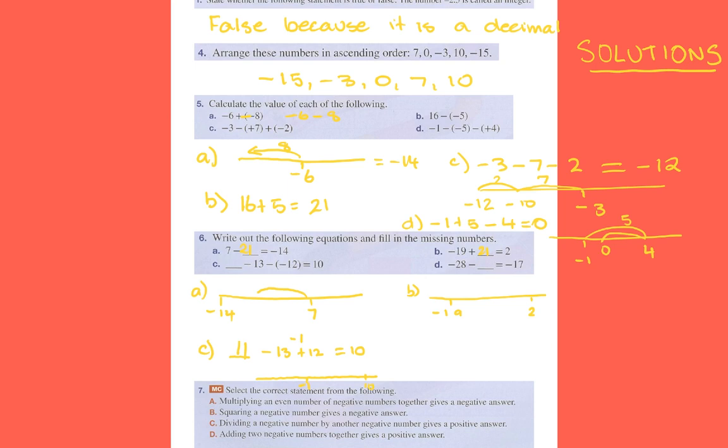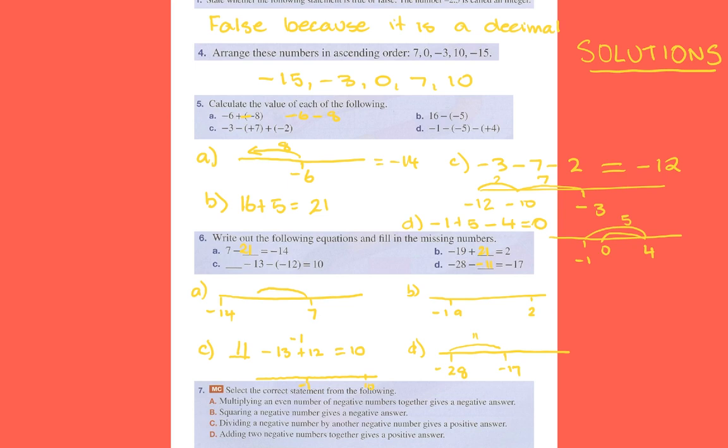And last question, negative 28 minus something equals negative 17. Negative 11.